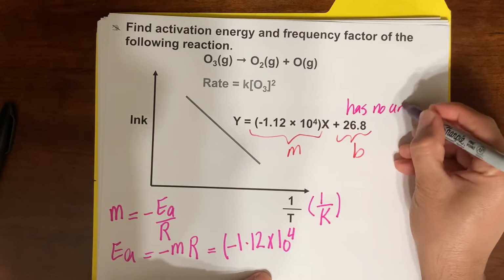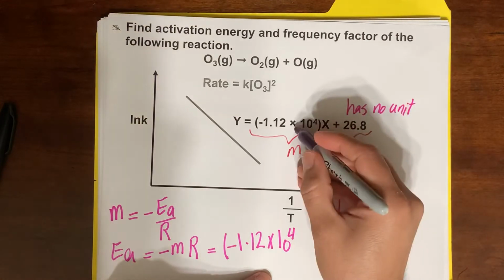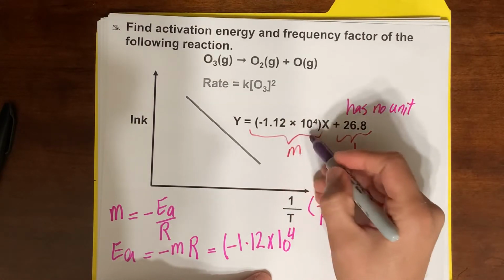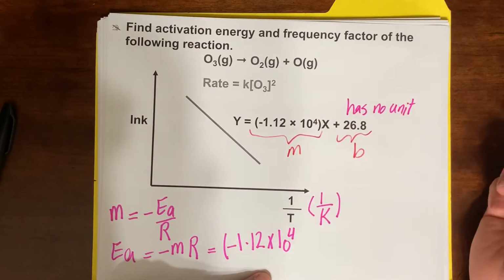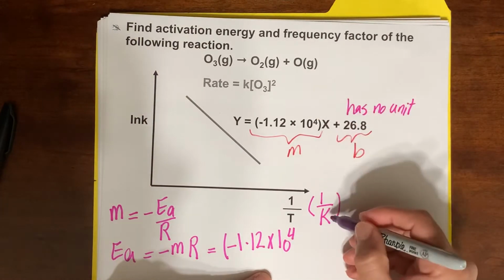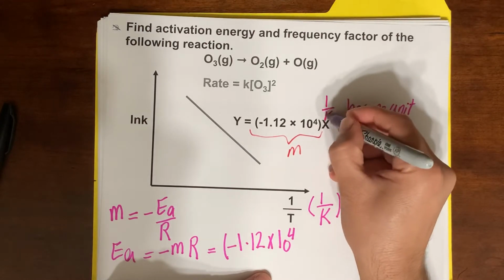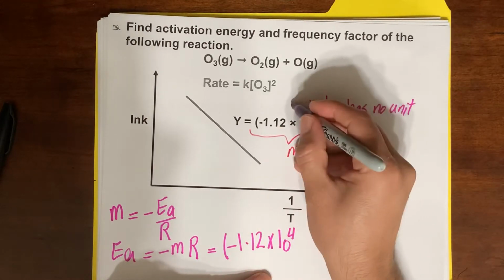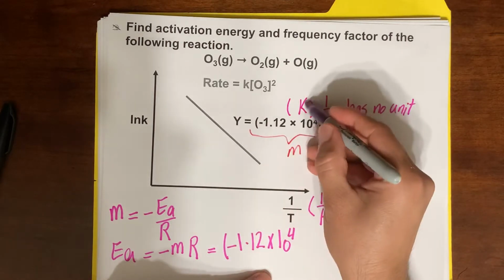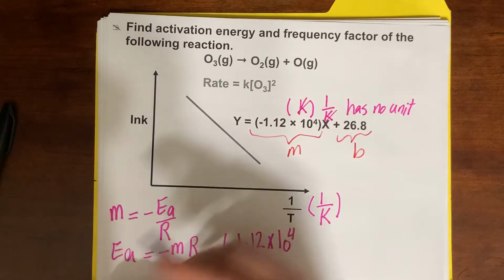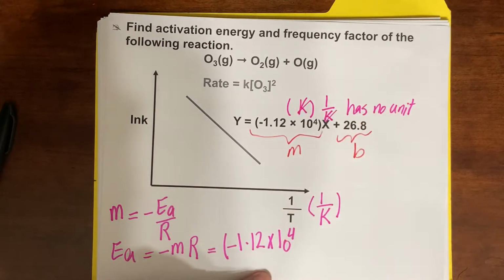No unit. So this whole term, m multiplied by x, must be without unit. We know x, which is the variable, is 1 over Kelvin. So anything that we are multiplying has to be in Kelvin, because then Kelvin by Kelvin will cancel, and I will not have any unit here.